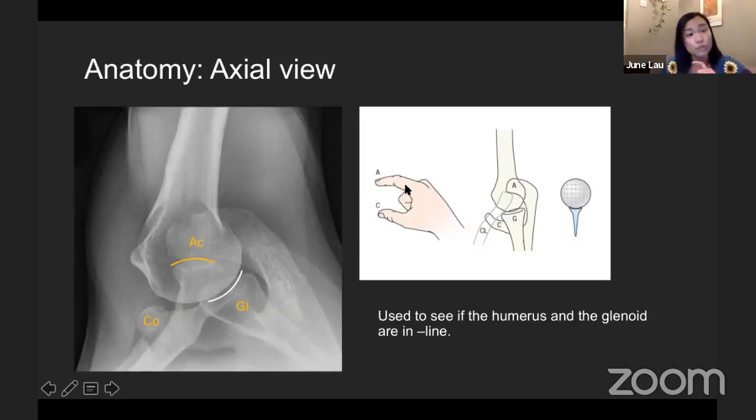You can break it up into two separate items, a pincer view, so your index finger and your thumb, and then a golf ball on a tee. The golf ball is your humeral head, the tee is your glenoid, and then your pincer grip is your acromion. Acromion is much bigger, and your thumb is your nubbin, basically. So acromion is your index finger here, and your thumb is the coracoid.